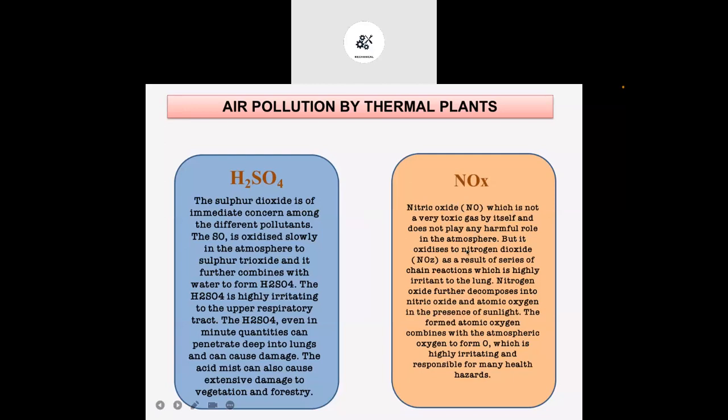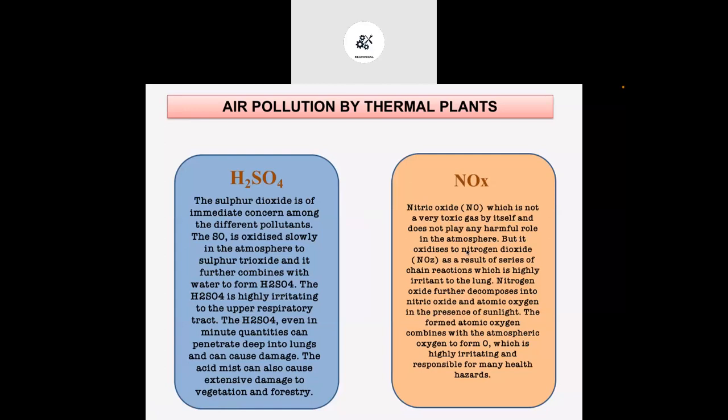Then another pollutant is the nitrogen oxides. As we know, when combustion happens at very high temperature, the nitrogen available in the atmospheric air combines with the oxygen because of the high temperature, and it creates nitrogen oxide.